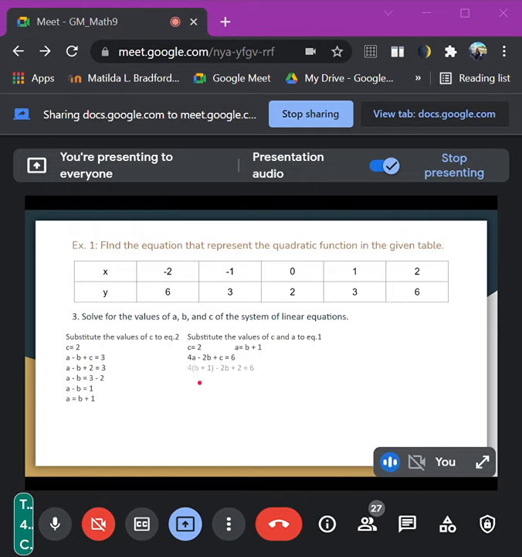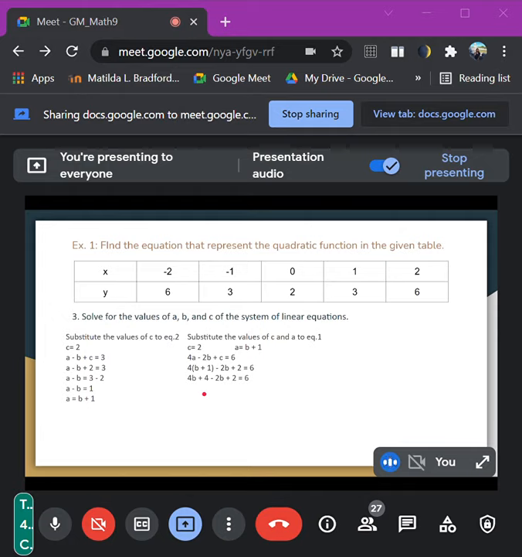Then we just substitute. So you have 4, and our A is B plus 1, then minus 2B, then plus C, that is 2, is equals to 6. Then simplify what's in the parentheses. So you have 4 times B, that is 4B, 4 times 1, that is plus 4, and then minus 2B plus 2 is equals to 6.